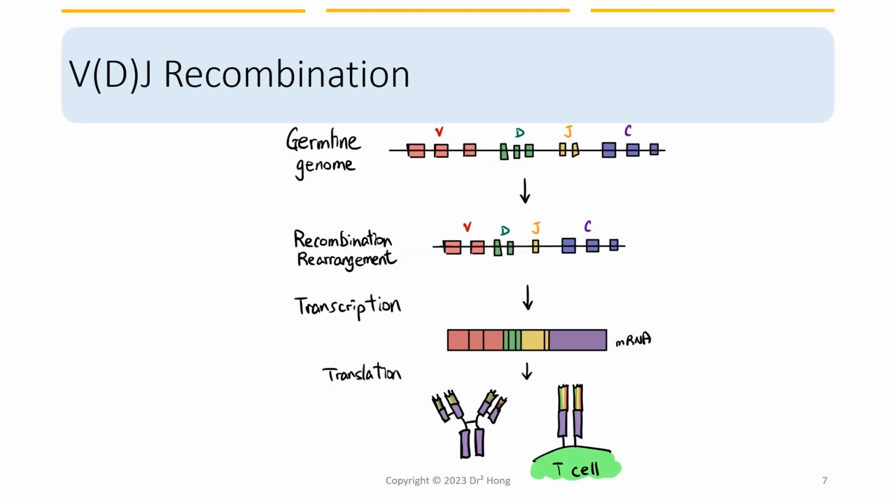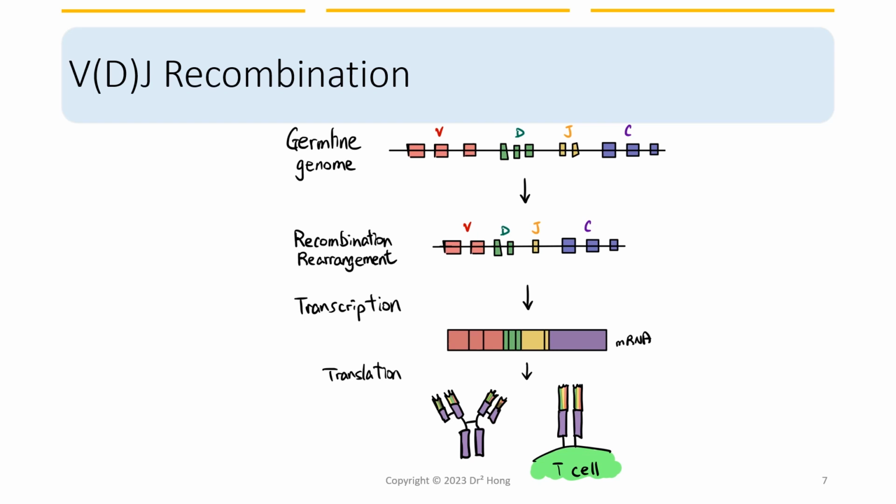One of those gene rearrangement processes we call VDJ recombination. Here we're not going into the biochemistry of gene recombination, but this graph illustrates how different parts of the genome have various regions that code for the variable regions of the receptors.